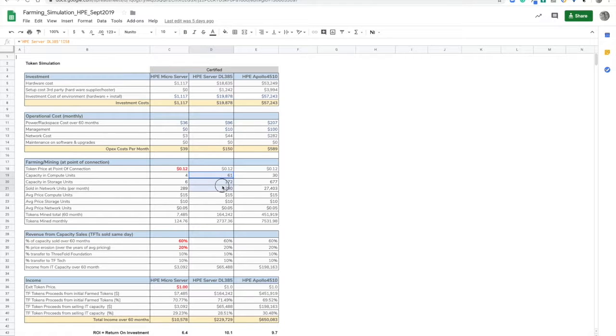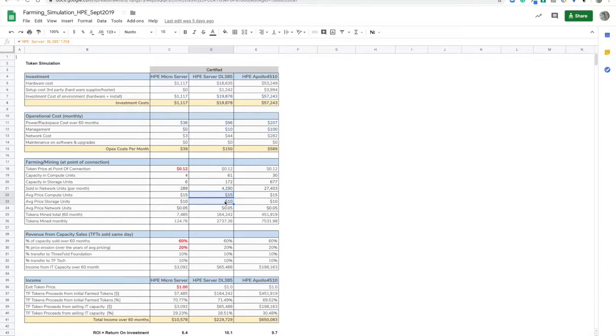Then you'll recognize what we talked about earlier, that we have 61 compute units and 172 storage units in the box. For those, there is an average market pricing that we currently agree with, that Amazon and Google use for similar compute and storage capacity, that we use to calculate the full sales potential of your box.